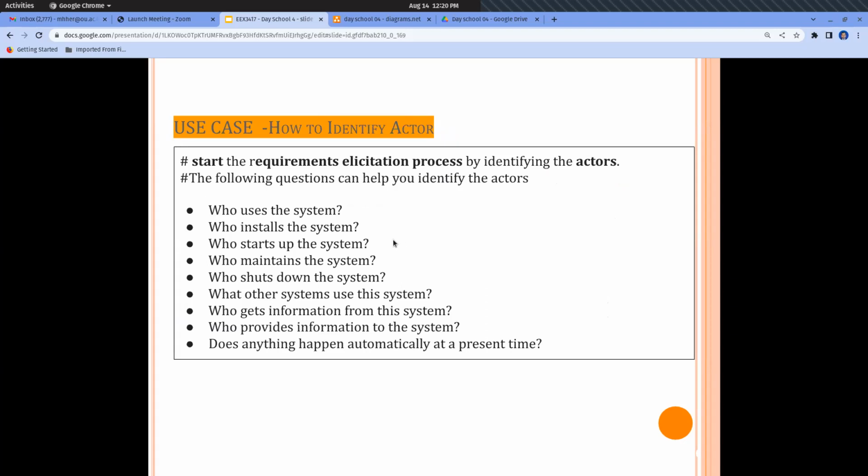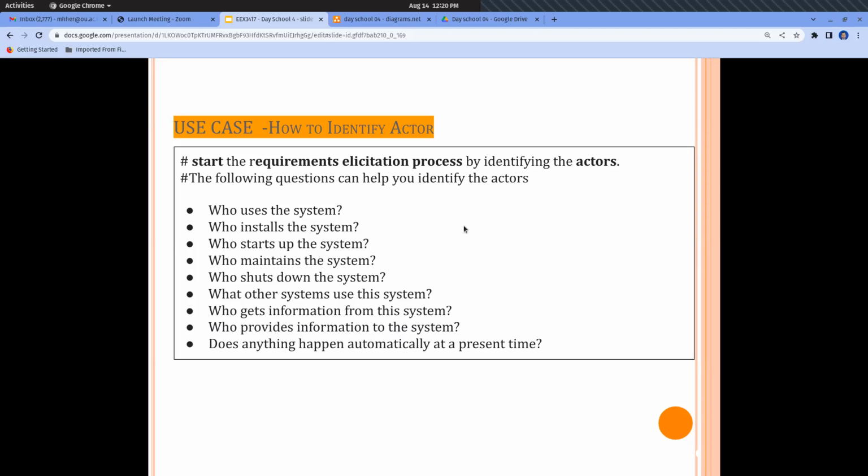How to identify actors? We can identify actors from these questions. Who uses the system? Who restores the system? Who starts up the system? Who maintains the system? Who shuts down the system? By answering these questions, you can get the actors.